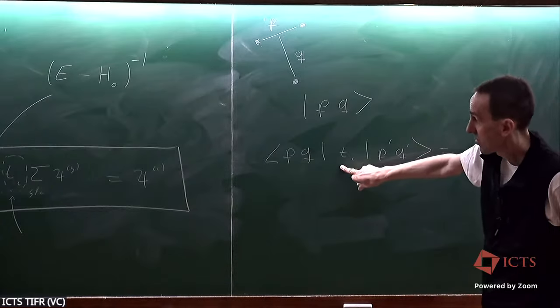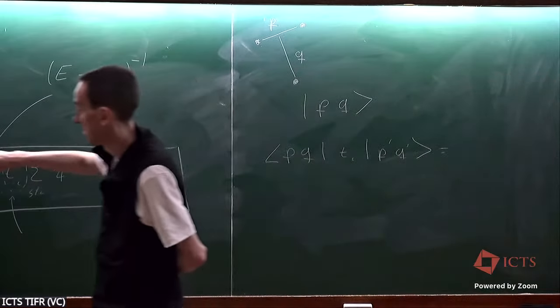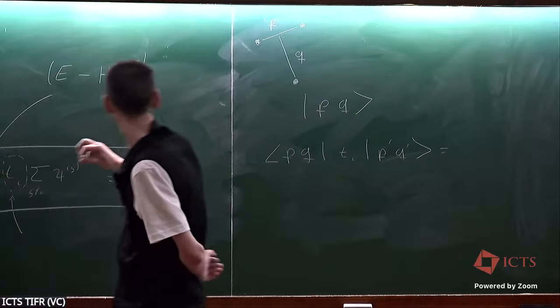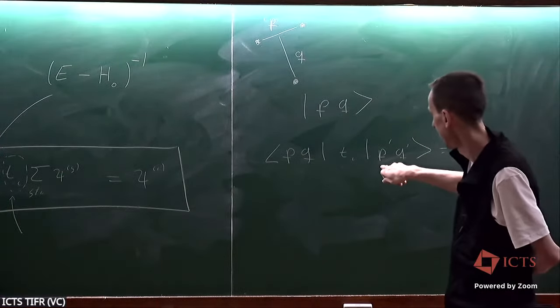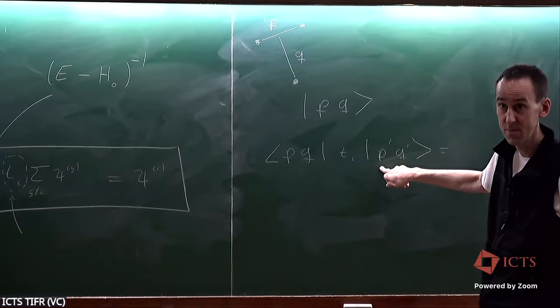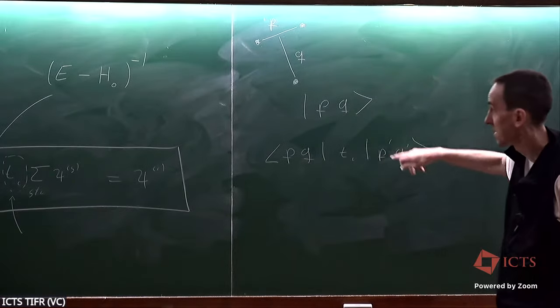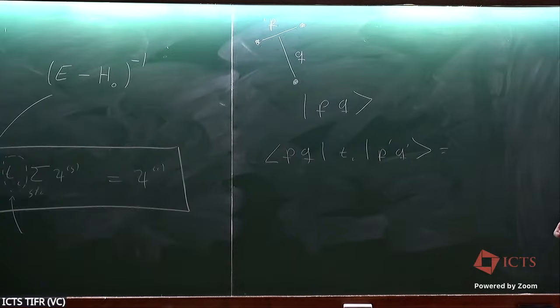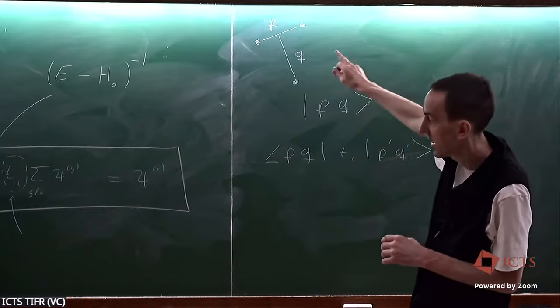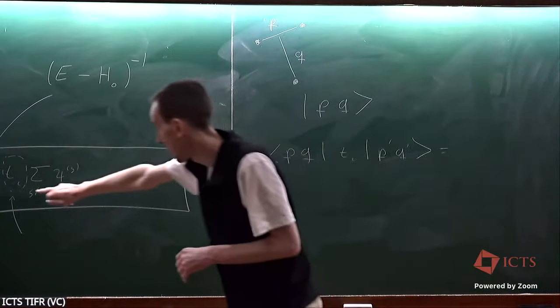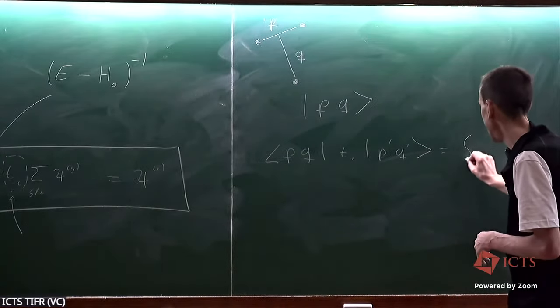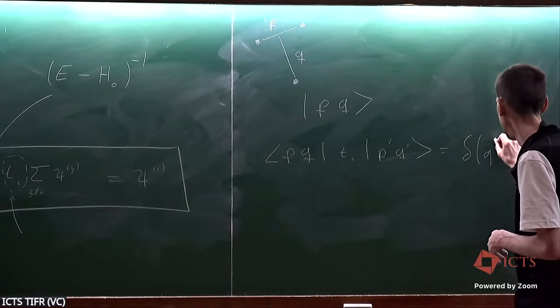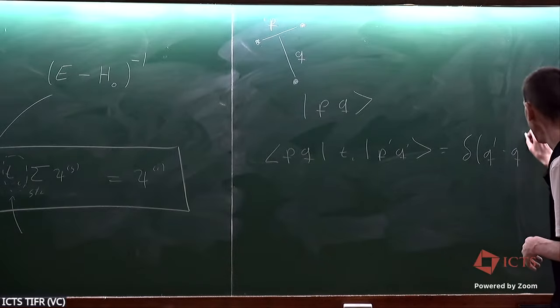So this operator here only acts on the p state. So it doesn't affect q. This is why this choice is so advantageous, and it has to be made depending on what I am looking at here. So here I then get a delta function, q' minus q.